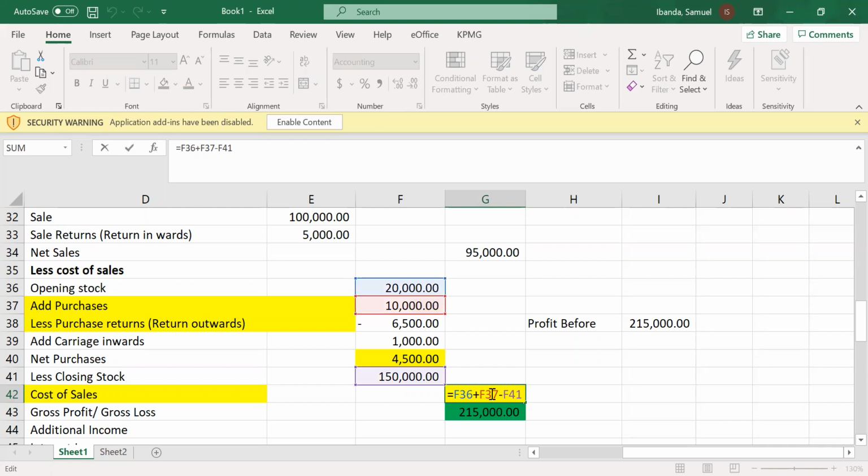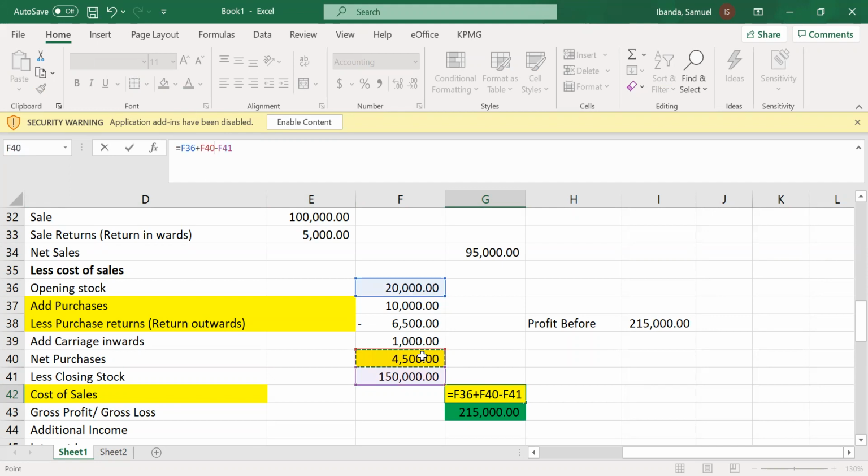My cost of sales. Let me try to adjust my cost of sales. Instead of picking this purchases, let me pick the net purchases figure. Let this Excel not disturb you much. You're not required to do this in the exam. I'm just using it for demonstration.